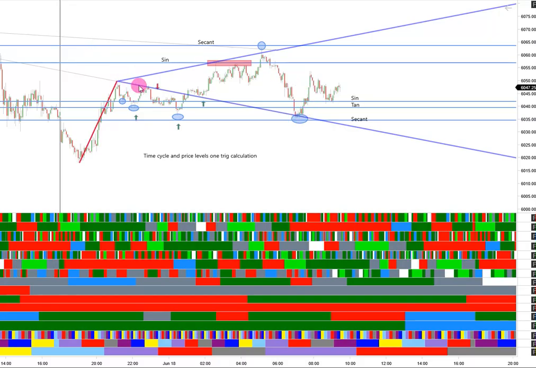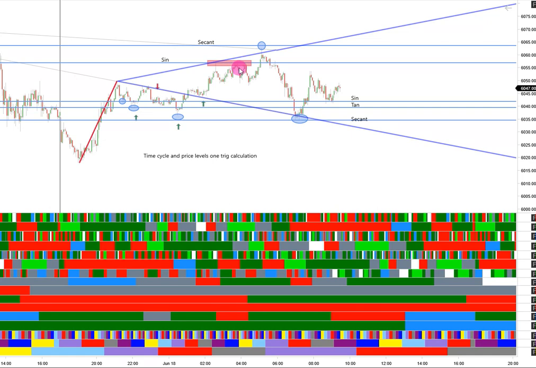Notice the first hit of the angle at the upside right here and right here. That rejected the market. Then we had another minor rejection here. Then that became support. First time the upper angle was hit was the first time also that that sine price level was hit, and that held for quite a while.